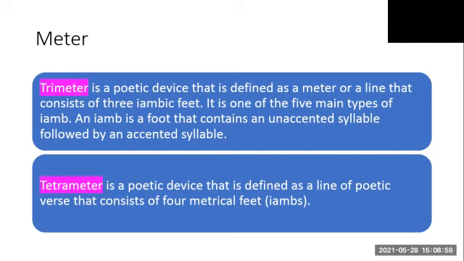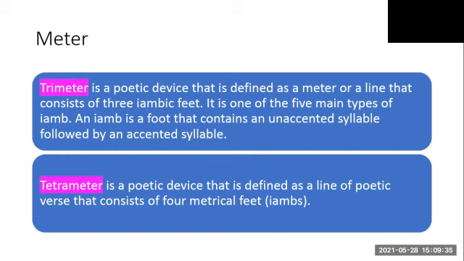Pentameter, this is the 5 feet. Trimeter is the 3 iambic feet, and we know that an iamb, the word iamb means a foot, and what is a foot? It's the unit. It contains 2 syllables. A foot contains 2 syllables. One unaccented, yani unstressed, followed by another syllable that is stressed. I want you to remember that trimeter consists of 3 iambic feet.